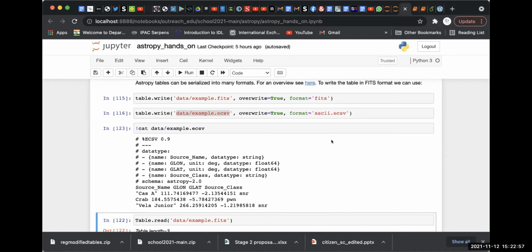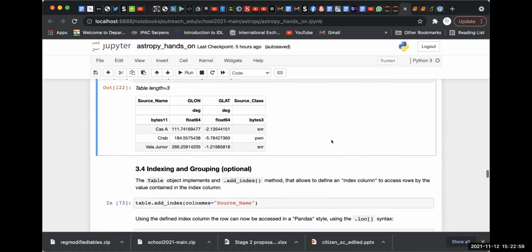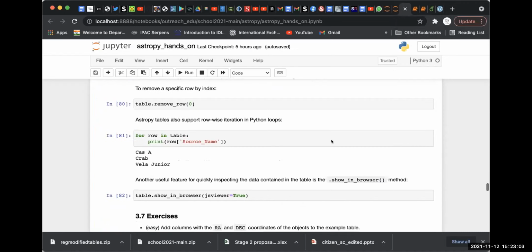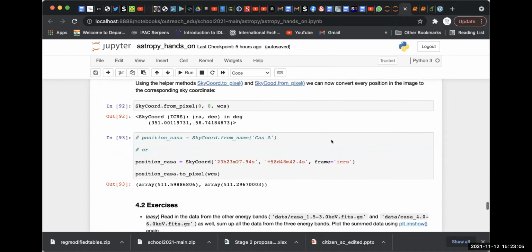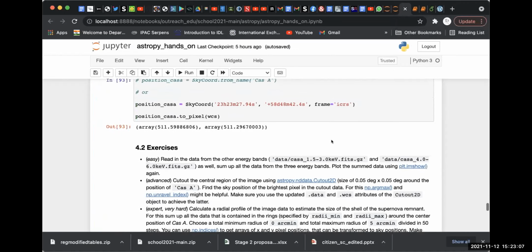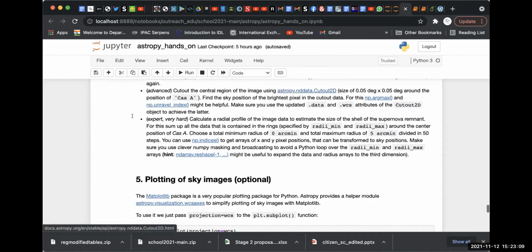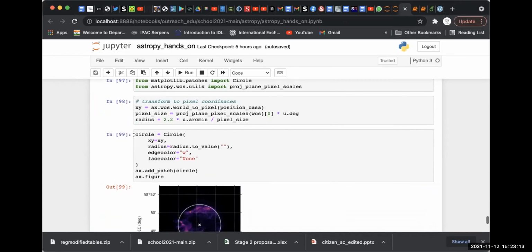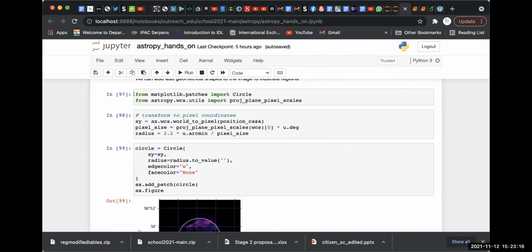So I have the thing here with me. I'm going to do something which is not very nice, but I'm just doing that so that we finish fast. And here is how I actually get a circle. We already put the cross mark, and if I want to put a circle, I will actually have to put all these commands. So here you can see there's matplotlib patches import circle.